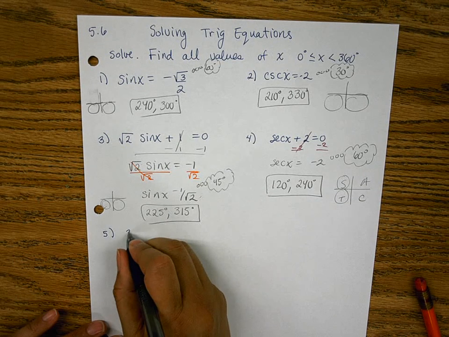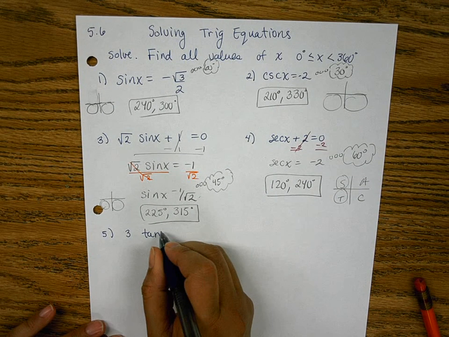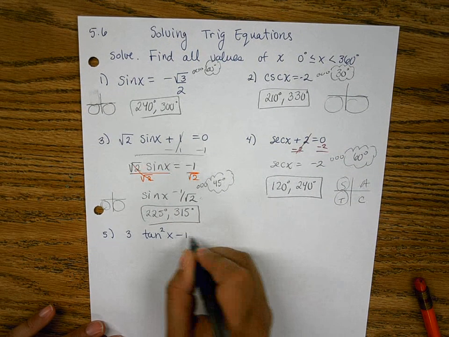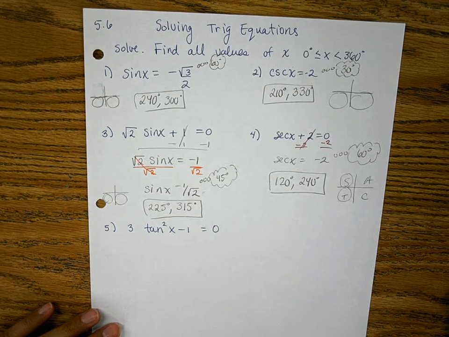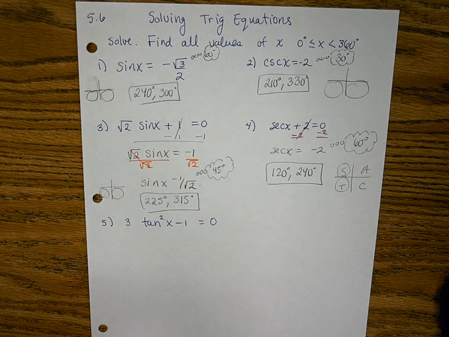Okay, number 5. 3 tan squared x minus 1 equals 0.